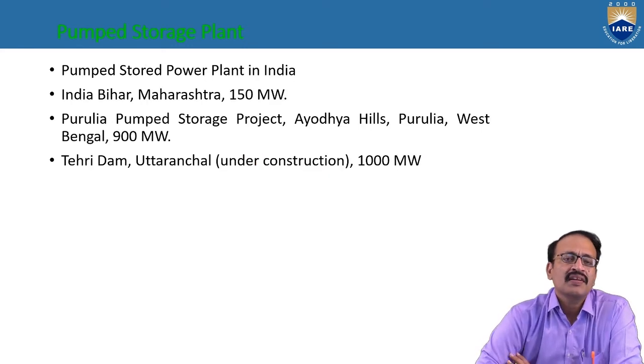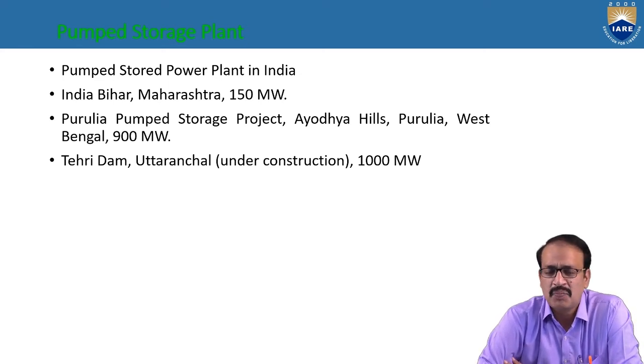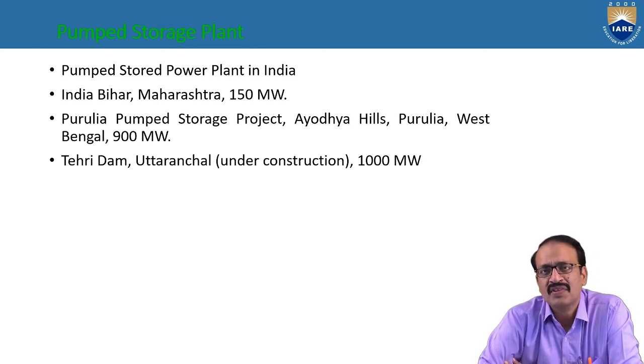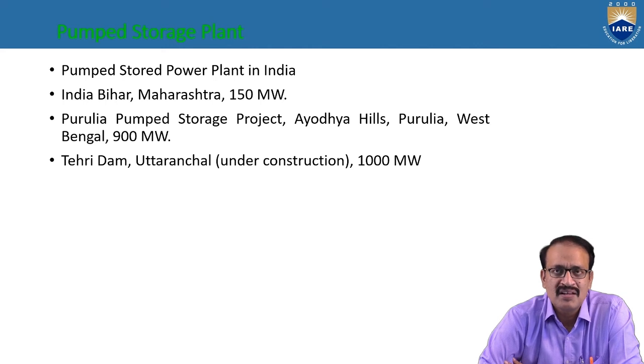So there are different places where we can find this type of pumped storage dams or pumped storage power plants. So in India, in Bihar and in Maharashtra, we are having a 150 megawatt capacity of pumped storage dams. In Purulia, pumped storage project, Ayodhya Hills, in West Bengal, we are having the capacity of 900 megawatts.